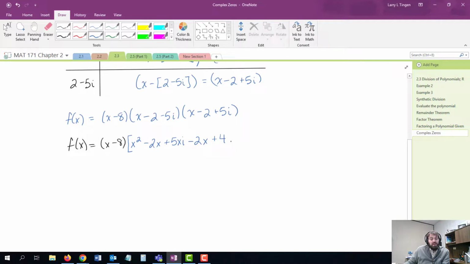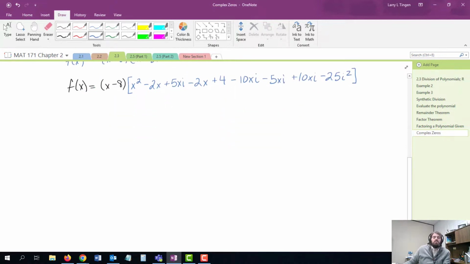Negative 2 times 5i is negative 10i. And then lastly, negative 5i times x is negative 5xi. Negative 5i times negative 2 is positive 10i. Negative 5i times 5i is negative 25i squared.